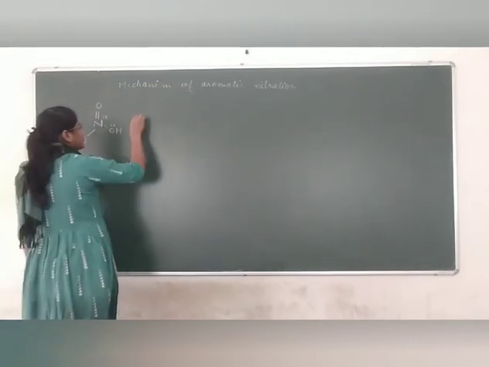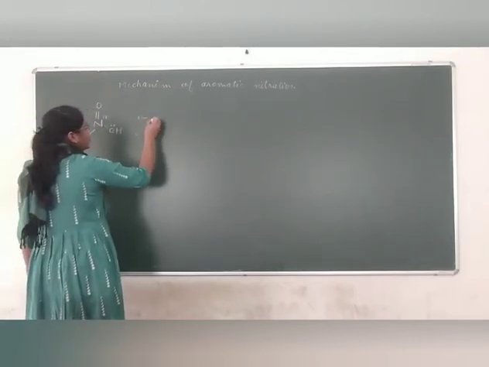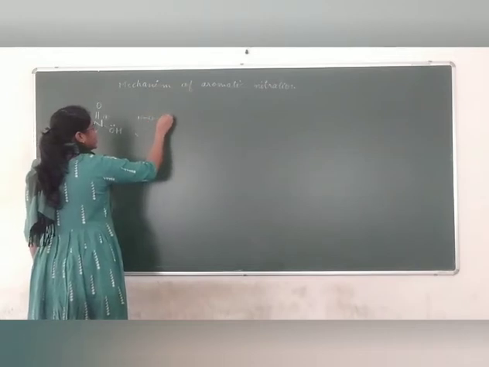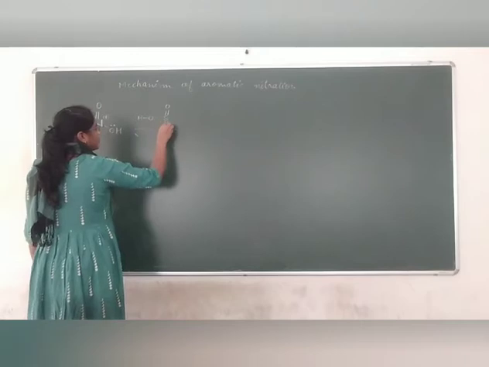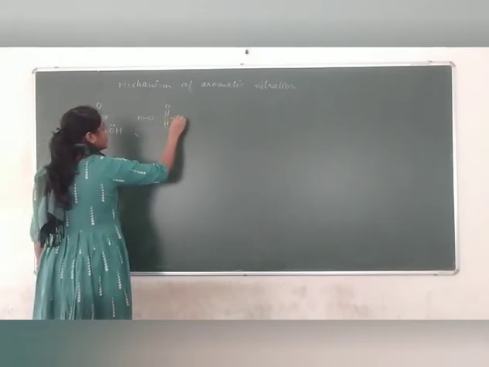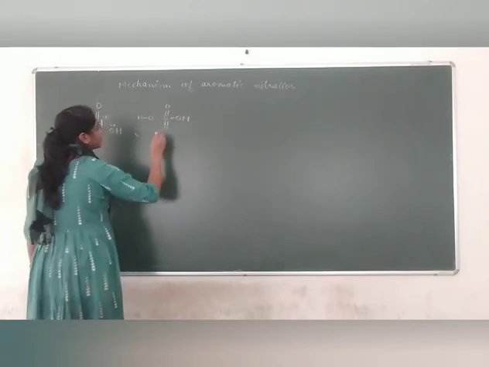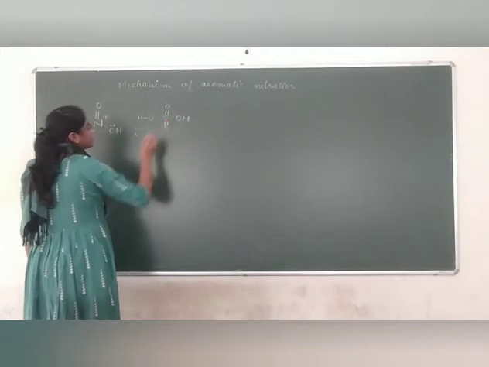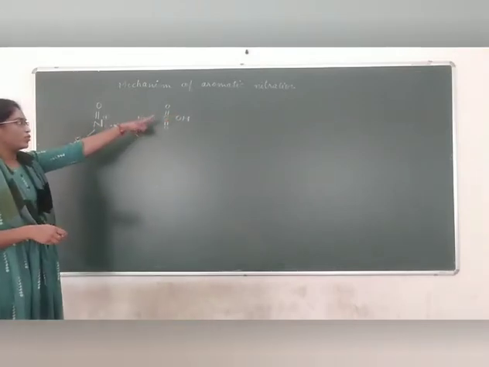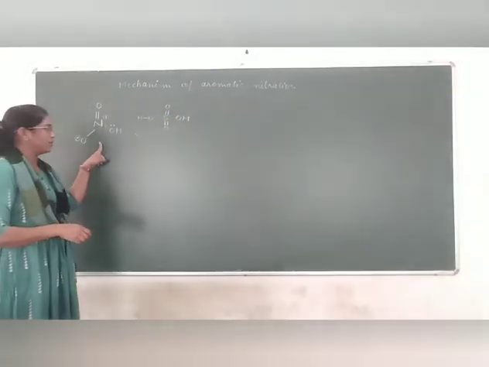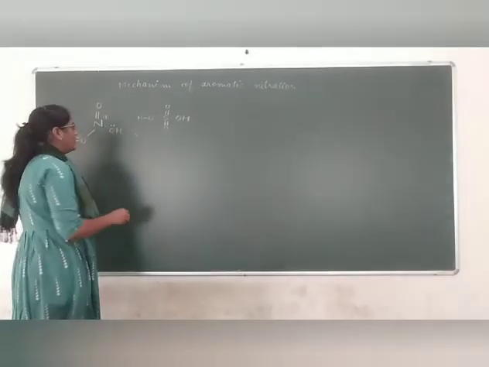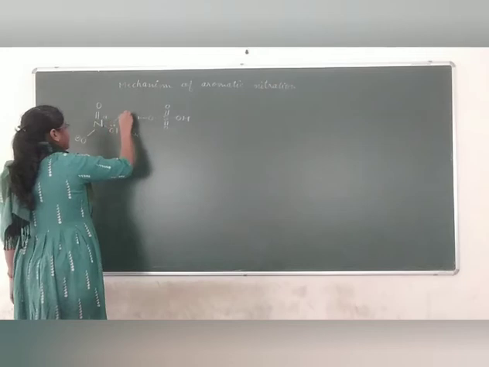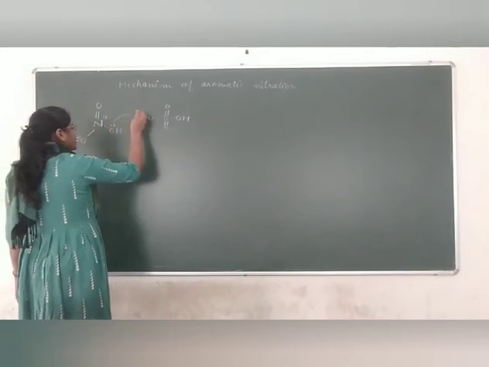HNO3 reacts with H2SO4, and I am writing here the structure of H2SO4. This is H2SO4, this is HNO3. Then this lone pair of oxygen attacks this hydrogen.